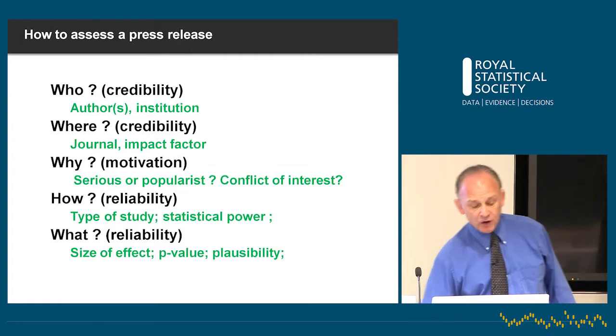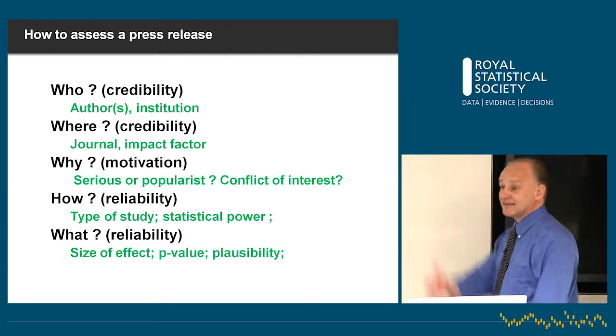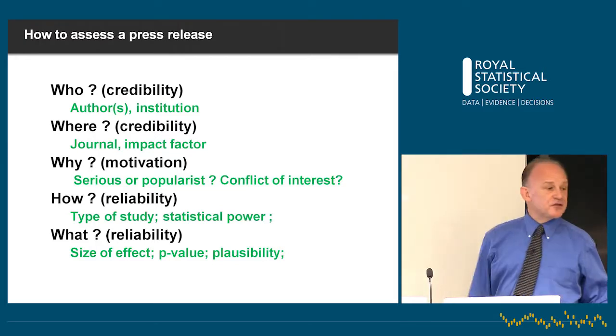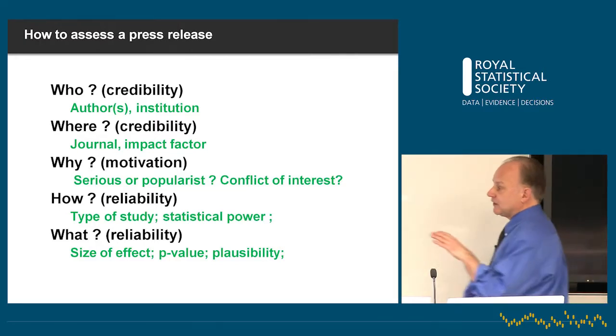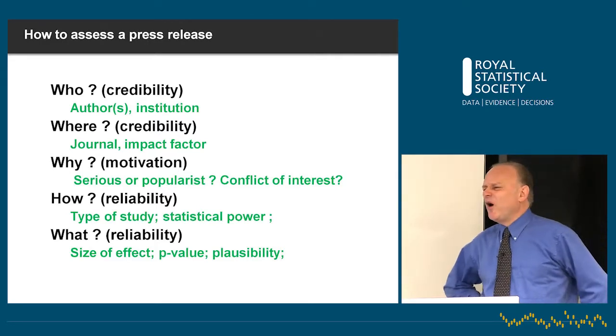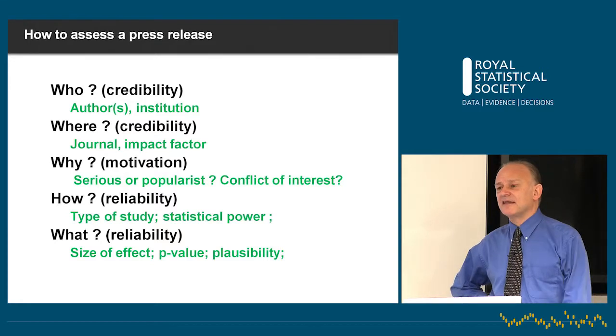And finally, the what, so the size of the effect, to your point, p-values, which measure the significance, I'm going to talk about in a bit more detail in a moment. And then that key thing of, but why? I don't get this.